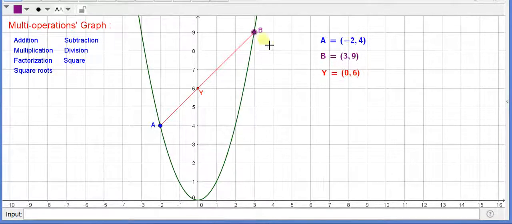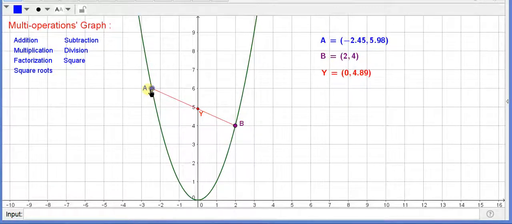Suppose I want to change it, say 2 here, and I am taking this 2.5, I am trying to bring it to 2.5.